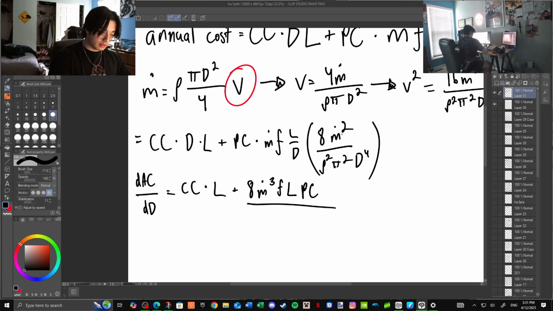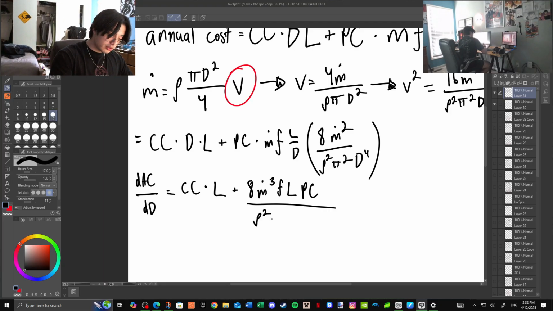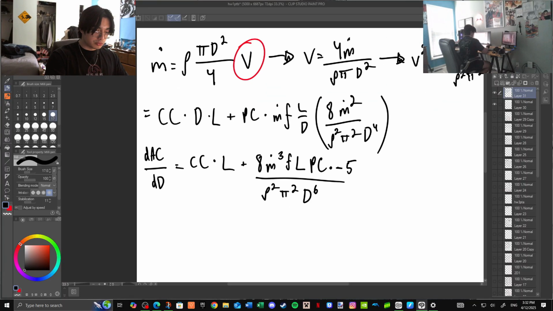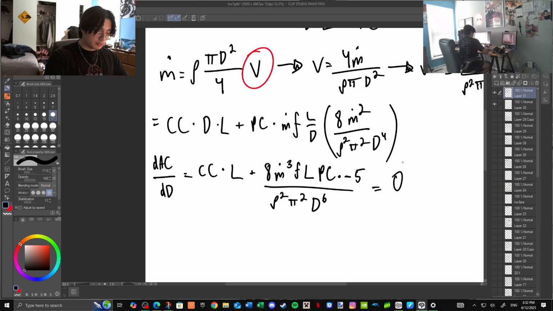Make sure I did it right. Yes. And then all this over rho squared, pi squared, and then d to the 4th times another d, which is d to the 5th. But since we're deriving in terms of d, that'll actually be -5 over d to the 6th. So this will be our new expression, and we set this equal to 0.